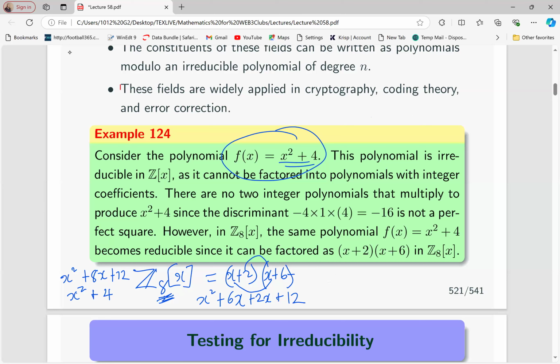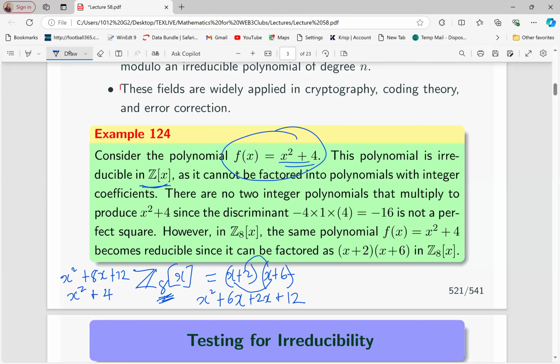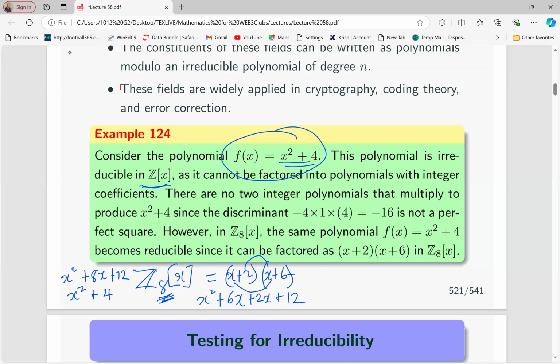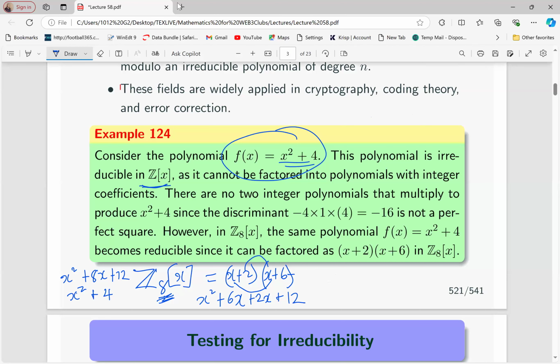But I was not able to factorize it in the field of integers. So that is what I meant when I said that whether a polynomial is irreducible only depends on the field we are working on. It might refuse to be factorized in one field, but accept to be factorized in a different field.